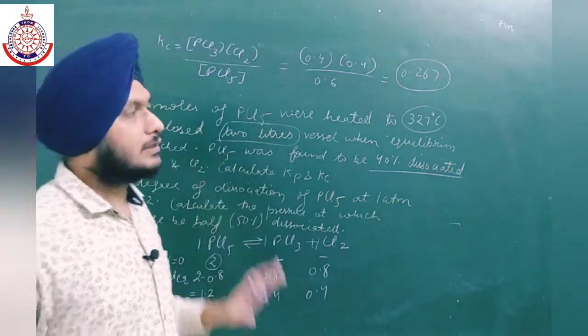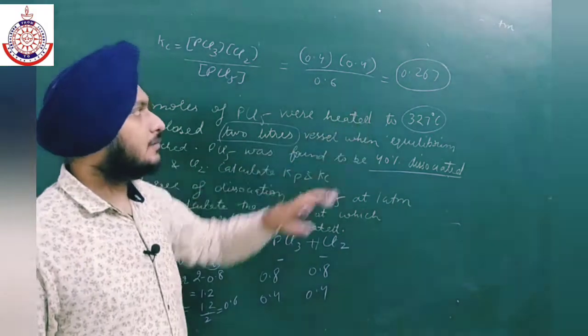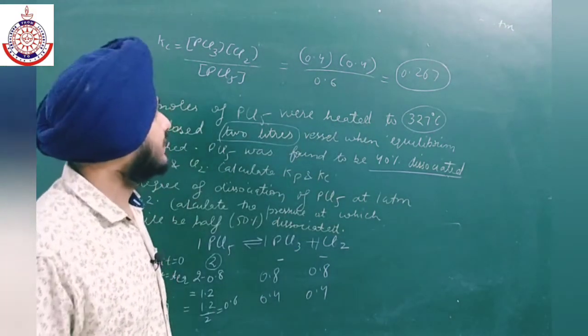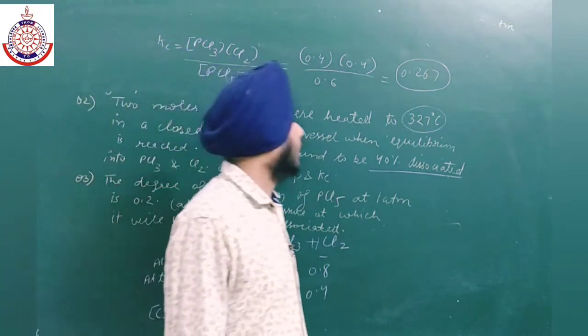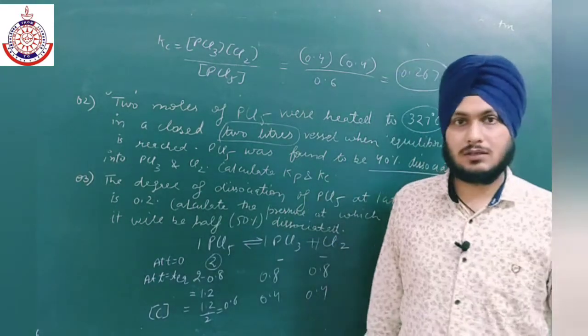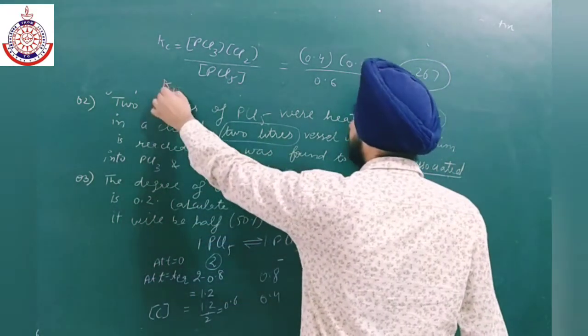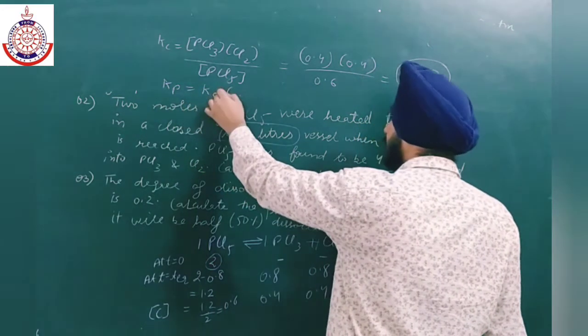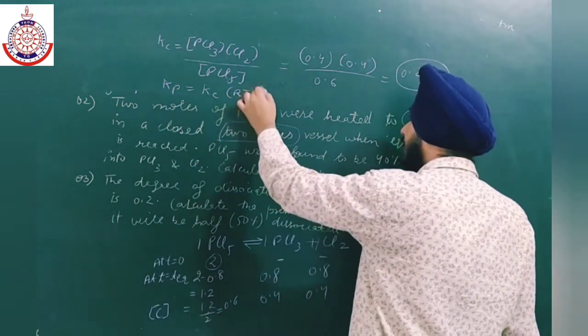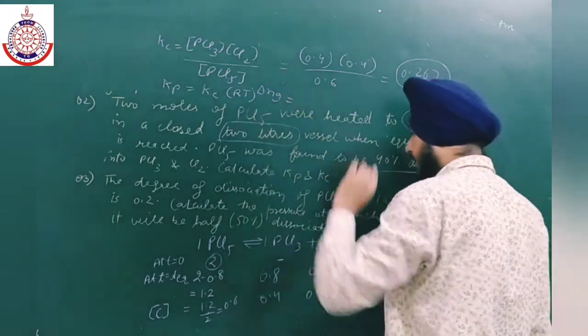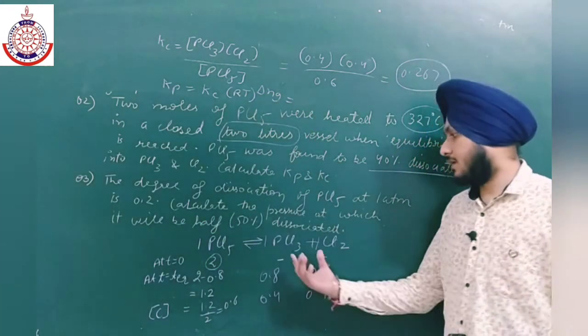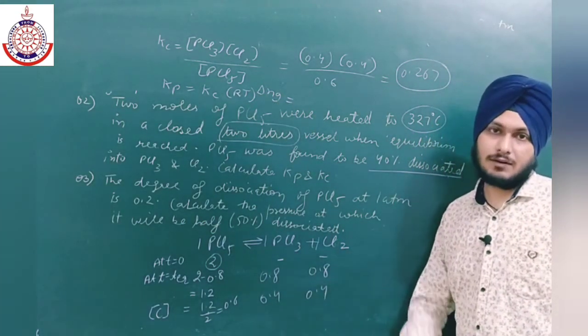I have already done the calculation and the answer comes out to be 0.267. Now let's calculate the Kp value. We know Kp is Kc into RT to the power delta Ng. Delta Ng for this reaction is the number of moles of product minus the number of moles of reactant.